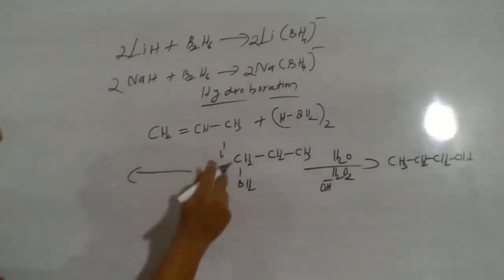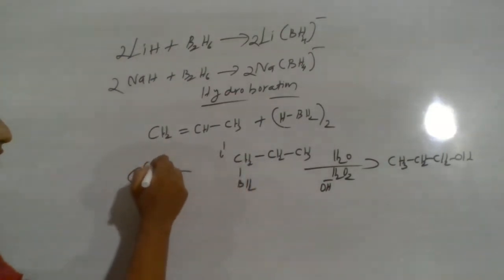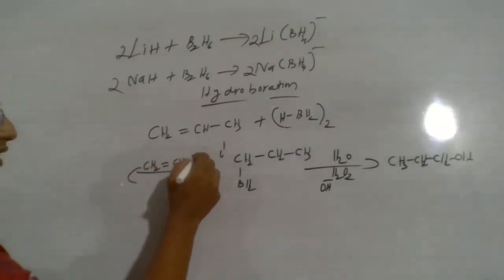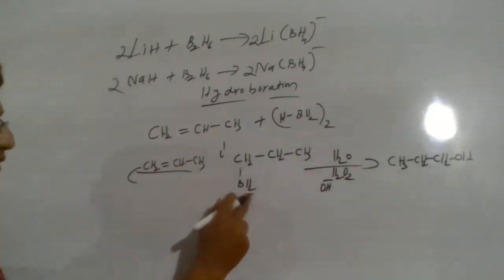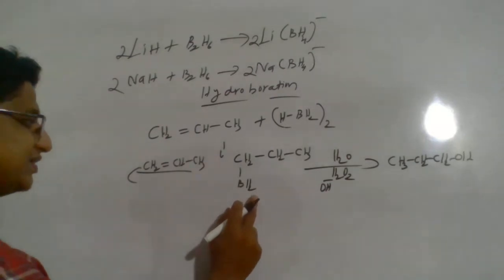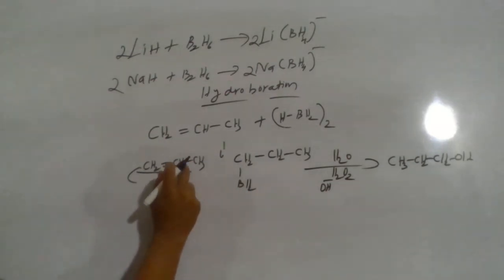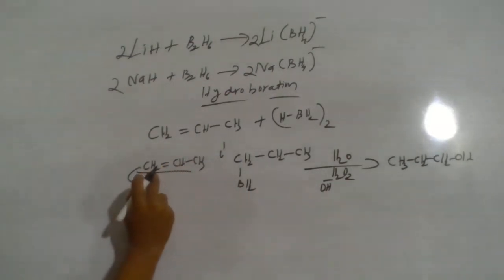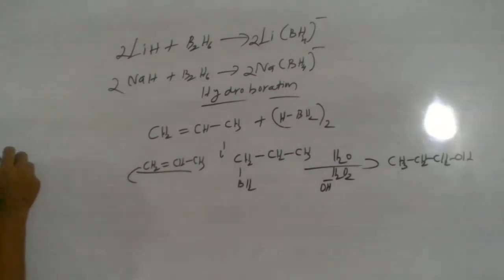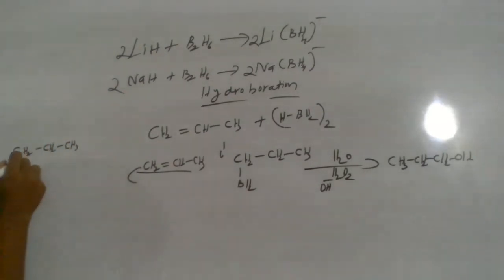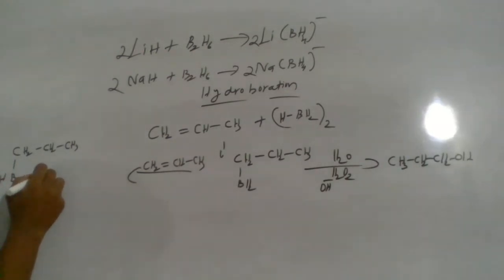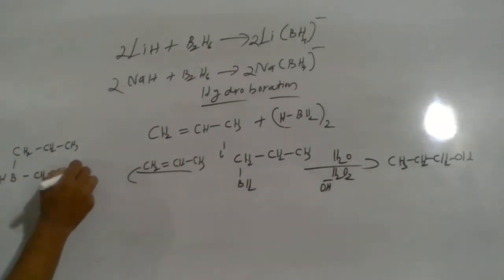Still, if you treat this compound with another molecule of the same unsymmetrical alkene, what will happen? Again this will split into BH and hydrogen, where hydrogen goes to this carbon atom and the boron part will be here. So we are getting CH3CH2CH2 BH CH2CH2CH3.